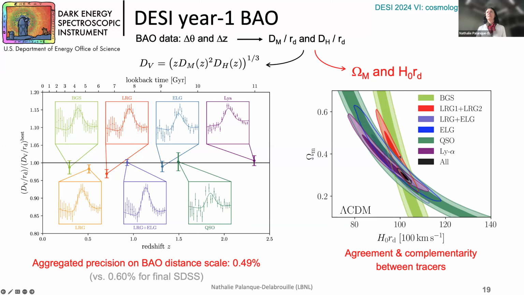All these contours overlap extremely nicely, but it is also very interesting to see that the degeneracy angle in this two parameter space between the various tracers rotates counterclockwise with redshift, which means that by combining these various tracers, we can actually obtain a very tight, very stringent determination of these two parameters. And this is what is illustrated in black here with this tiny uncertainty ellipse.